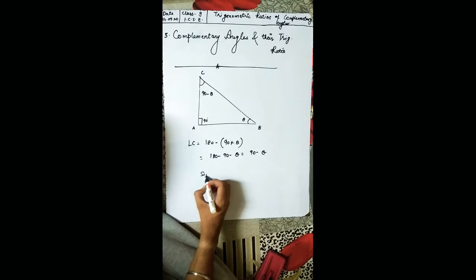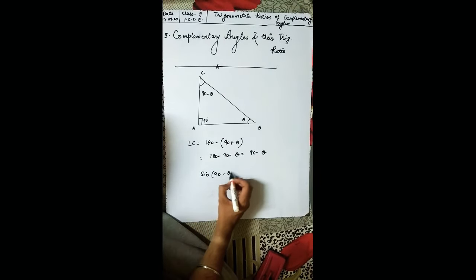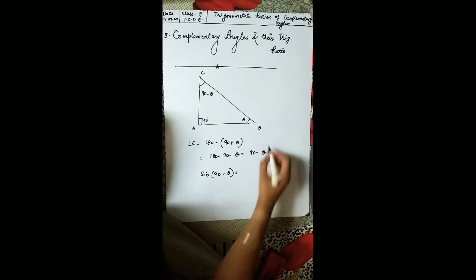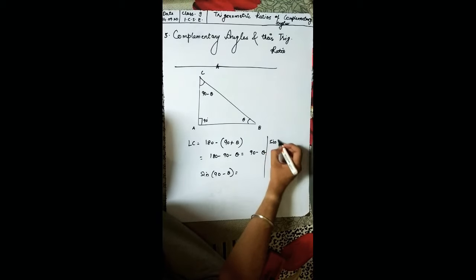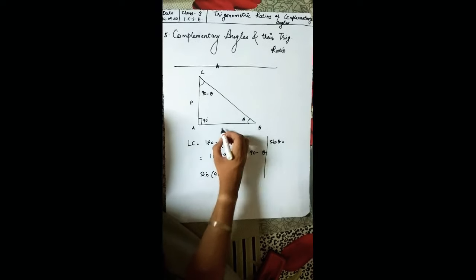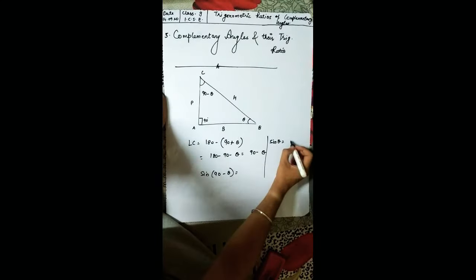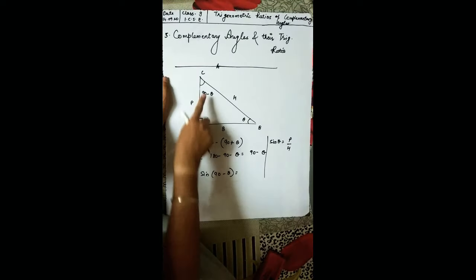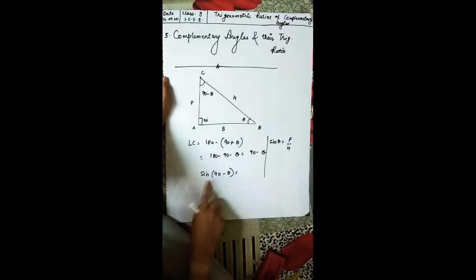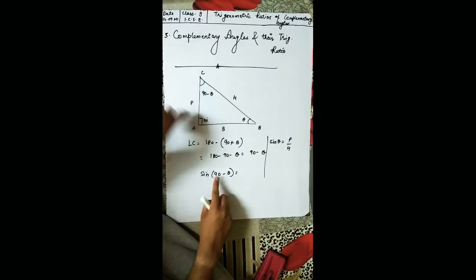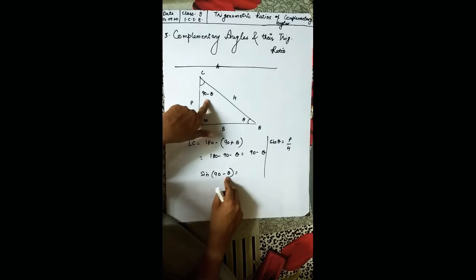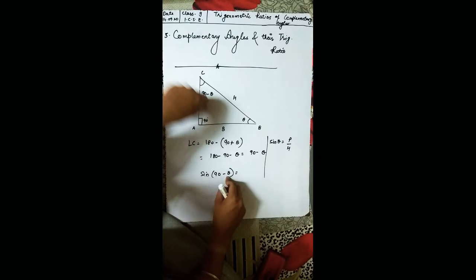If I ask you what will be sine of 90 minus theta, first of all, if this is perpendicular, this is base, and this is hypotenuse, then sine theta is equal to perpendicular upon hypotenuse, we know. And this angle is 90 minus theta. So sine 90 minus theta is perpendicular upon hypotenuse.